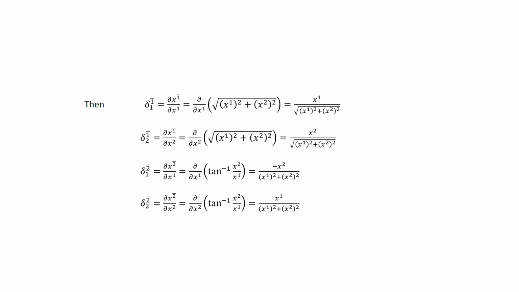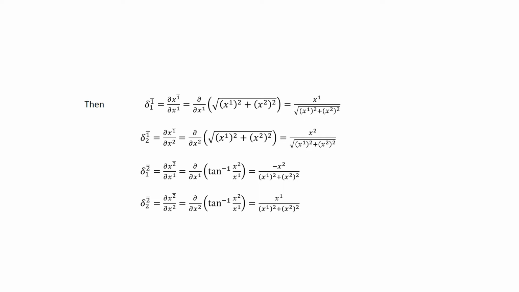Here we have changed these into parametric form. So we have x2 bar is equal to tangent inverse x2 over x1. Differentiating with respect to x1 and simplifying the result, we got minus x2 over x1 square plus x2 square. Here we simply apply the derivative of tangent inverse.